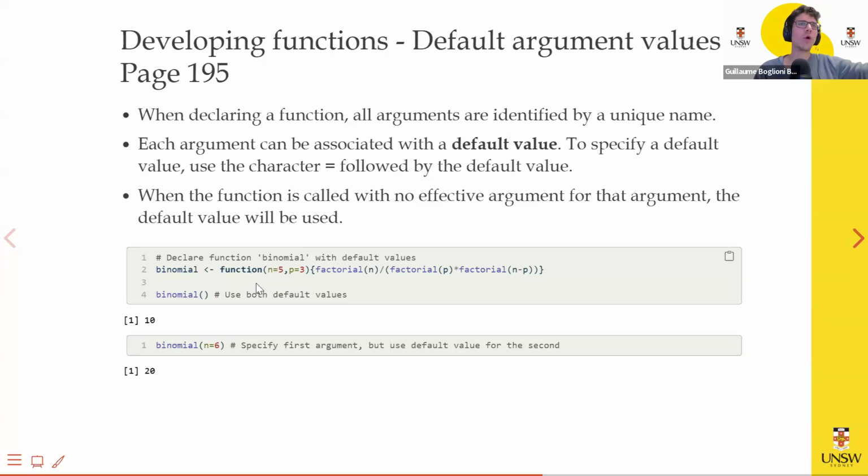Of course, it will be overridden if n is specified to be anything other than 5. But this means that binomial with no argument specified will simply return 5 choose 3, which is 10. And if you specify only one of them, so now you specify n is 6, but you don't specify p, well, p will by default be 3. And 6 choose 3 is 20.